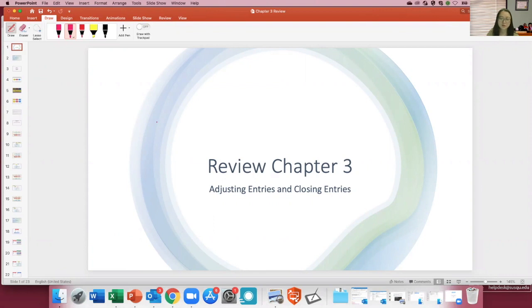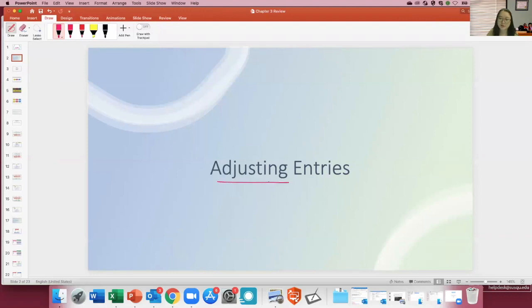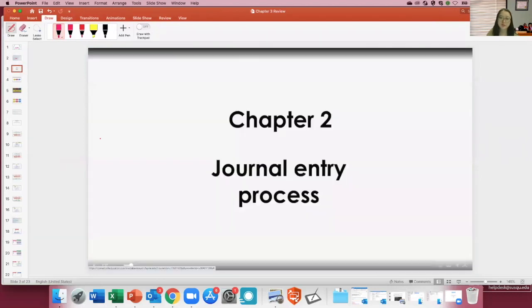As you know, this chapter is all about adjusting entries and closing entries. First we're going to talk about what an adjusting entry is. In chapter 2, we learned how to do the journal entry process, right?